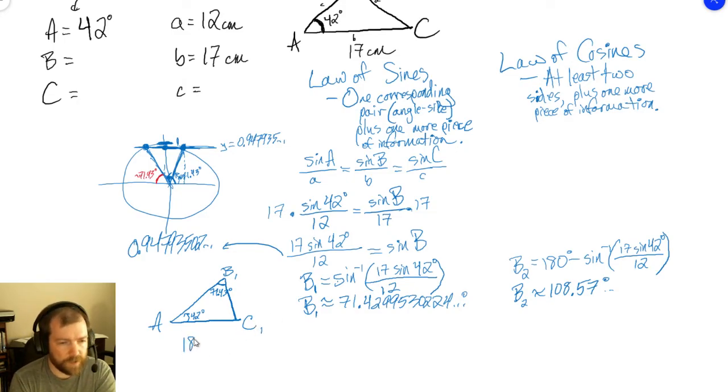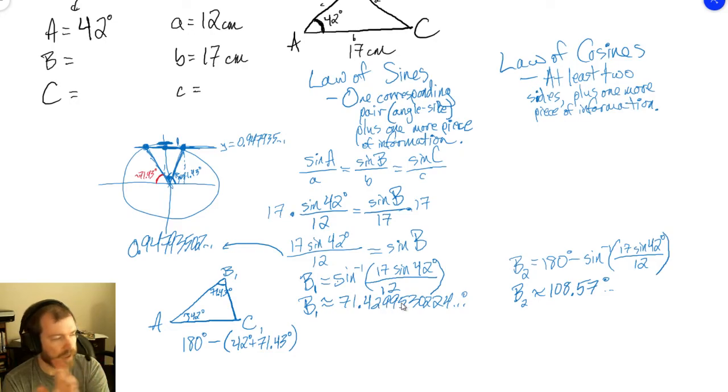Well, this is going to be 180 degrees minus parentheses 42 degrees plus our 71.43 degrees. Again, this is 429953, etc. But we can just shortcut it as this, as long as we don't start using 71.43 in calculations. That is something you should not do.